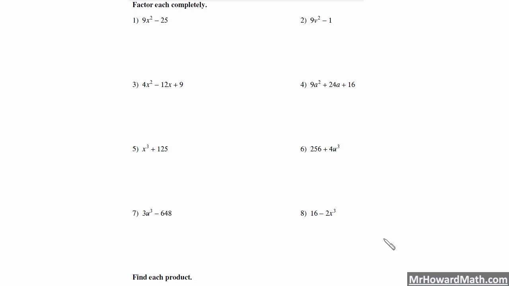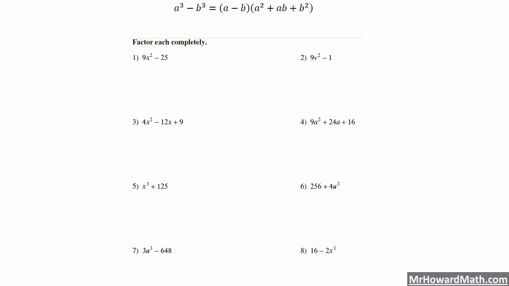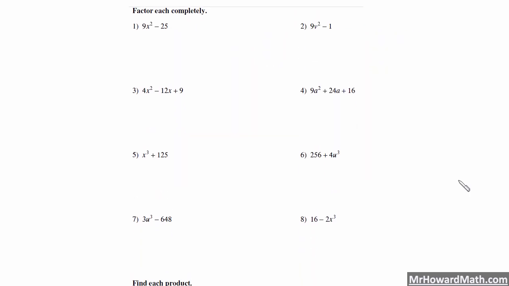Alright, so the first one here, we want to take a look at it. You notice that we have a squared term and that we have a minus sign here. So that is looking already like what? Well, the difference of two squares, right? And the next thing that we notice is that both terms, 9x squared and the 25, both have perfect square roots.